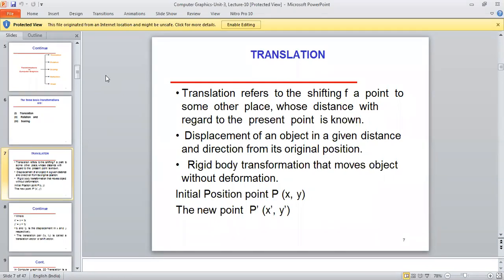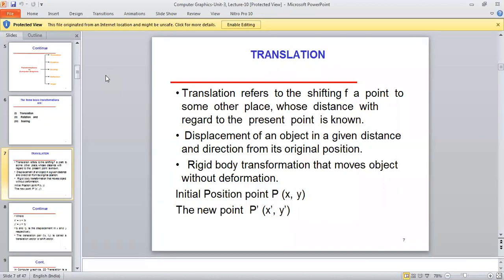Suppose we have an image of a triangle, then we are going to move that triangle from one point to another point. So in this case, we will consider the initial position or the initial point. Suppose we have the initial position as P, and P must have some coordinates x comma y. These are called the initial coordinates, and the final coordinates are those of the new point P dash, x dash comma y dash.